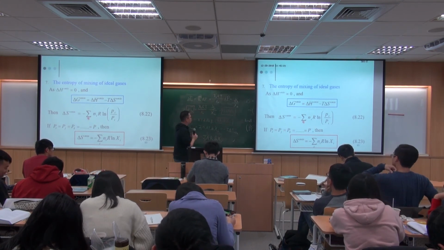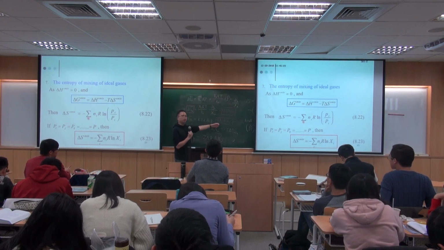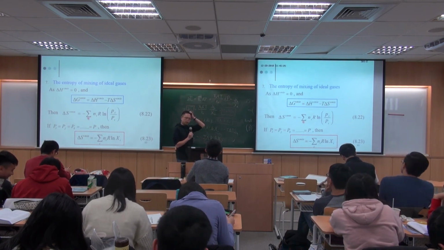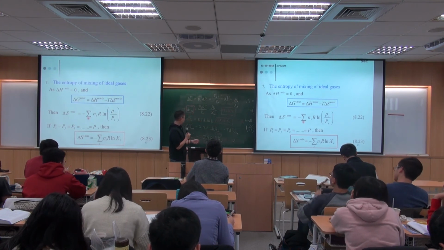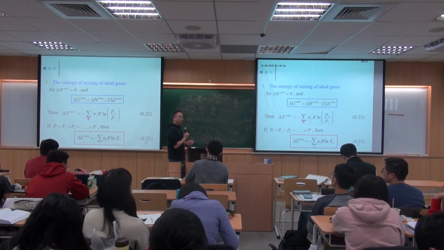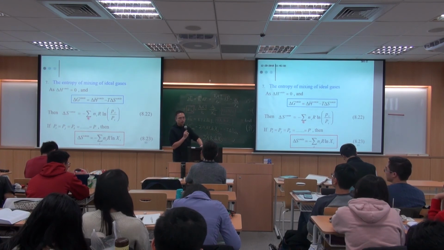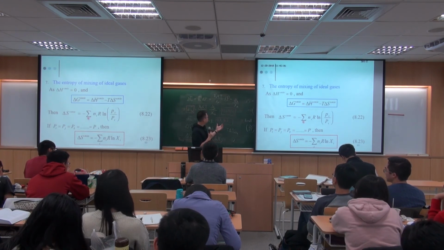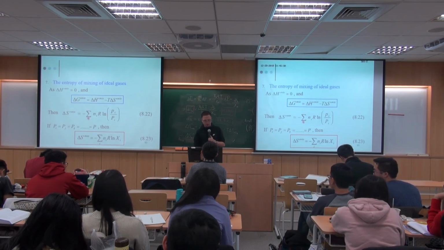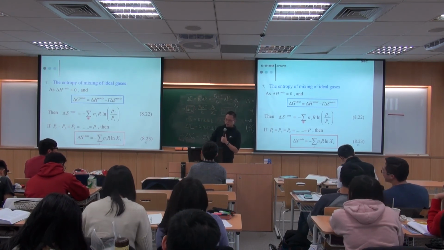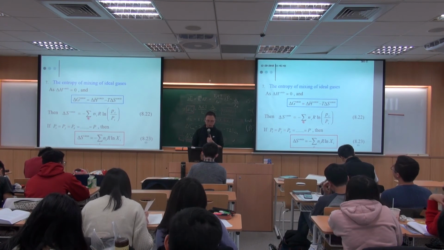This is probably a more common expression that you'll see next semester because you also divide this whole thing by the total mole numbers. Okay, so this is another expression that you'll see frequently next semester, hopefully, if you take thermodynamics next semester.